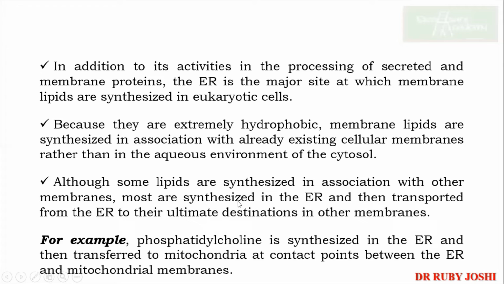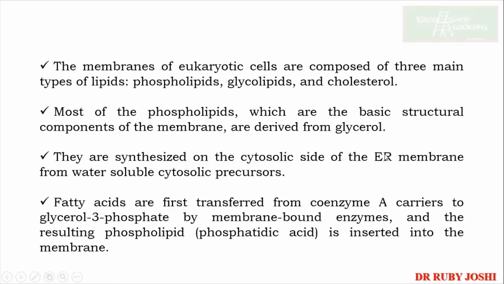So some lipids are synthesized in association with other membranes. Most are synthesized in the ER, and then this particular part is destined to the other membranes. That is, it synthesizes and forms a vesicle. This vesicle will then fuse to the plasma membrane. For example, phosphatidylcholine is synthesized in the ER and then transferred to the mitochondria where it is going to get inserted. We'll come to that.